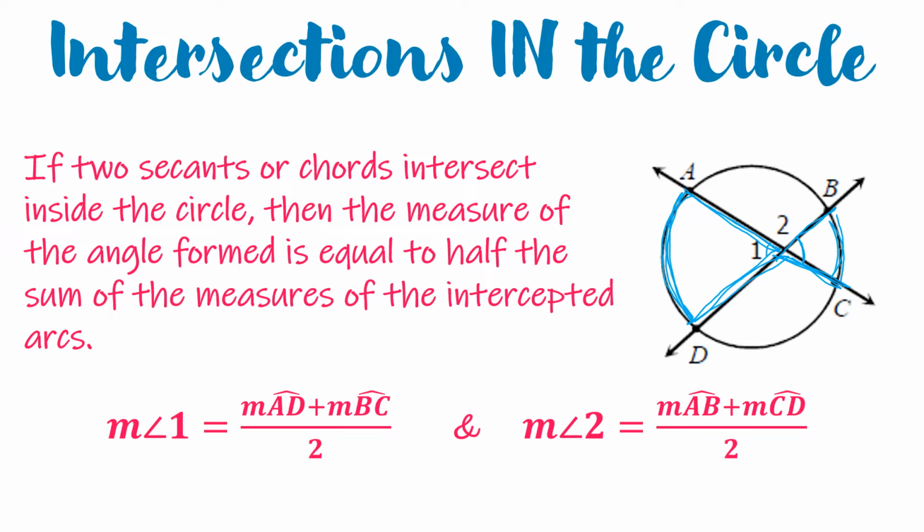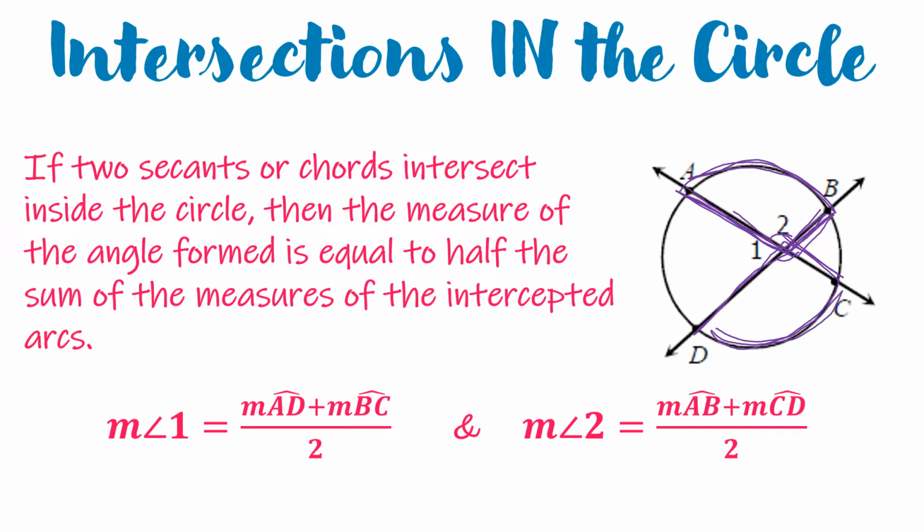If you want to find the measure of angle 2, angle 2 is right here, and it intercepts arc AB. Its vertical angle intercepts arc CD.